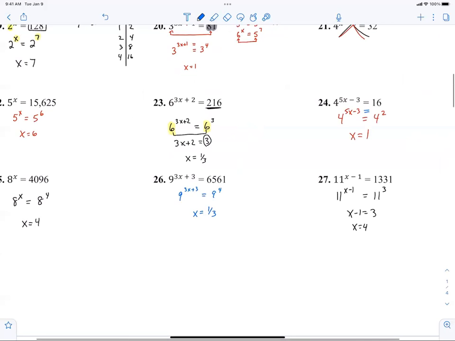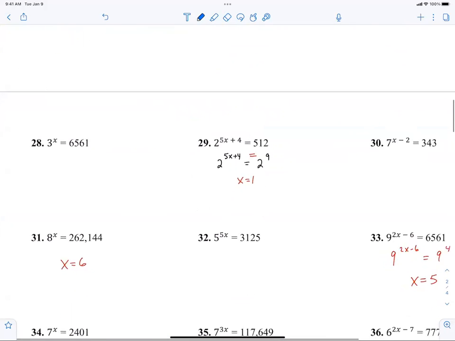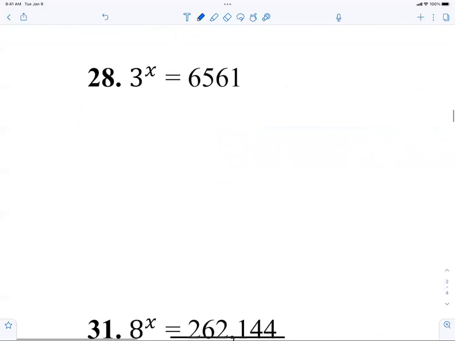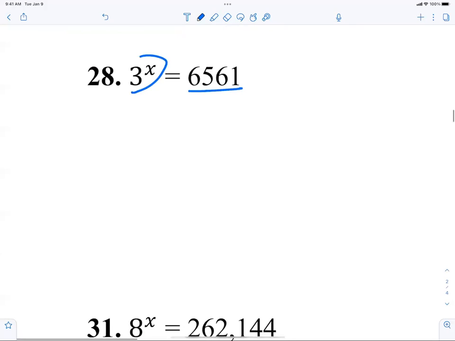All right, so let's knock out 28. So when I ask you to type it, okay, so I'm going to help you with 28. All right. So I need to know 3 to what power is 6,561. So you go to y equals, you have to type in 3 to the x. 3 caret x.